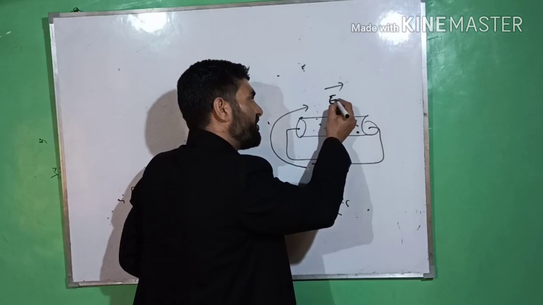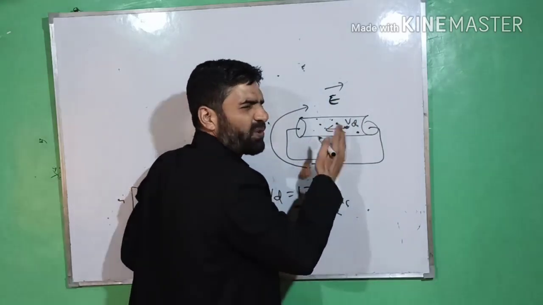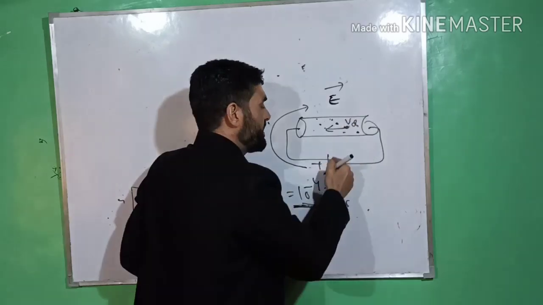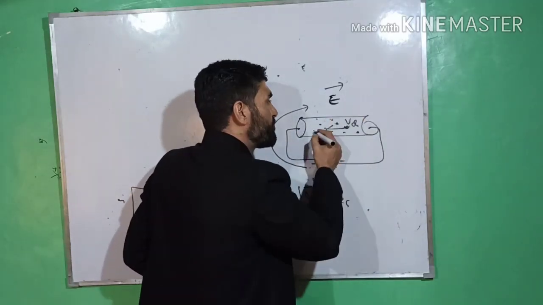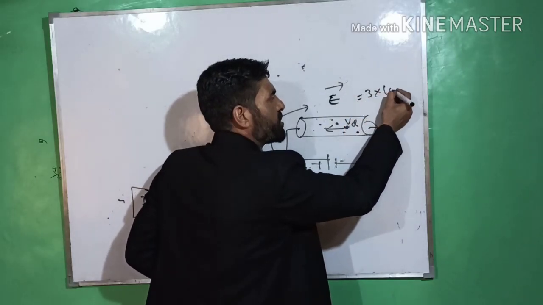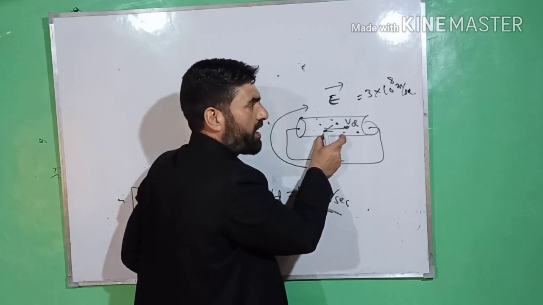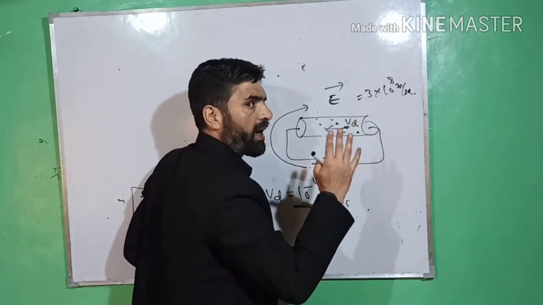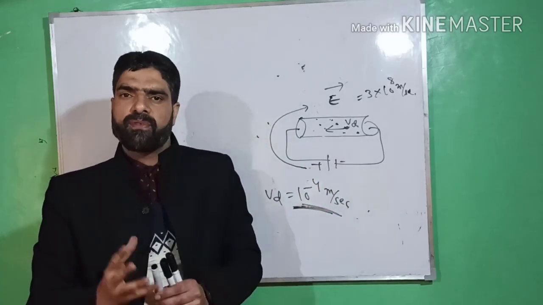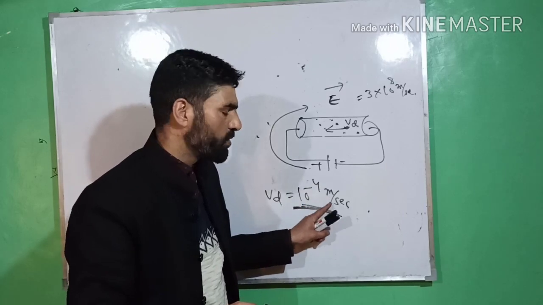But this electric field is set up instantly, within no time, and this energy, this electric field, travels with a velocity of 3 into 10 raised to power 8 meter per second. Thus the current is established here with the speed of 3 into 10 raised to power 8 meter per second. That is why a bulb glows instantly, although the drift velocity is 10 raised to power minus 4 meter per second.